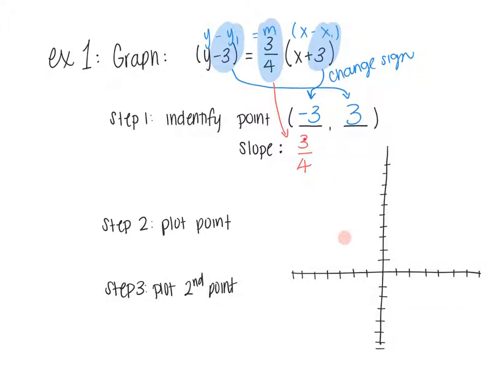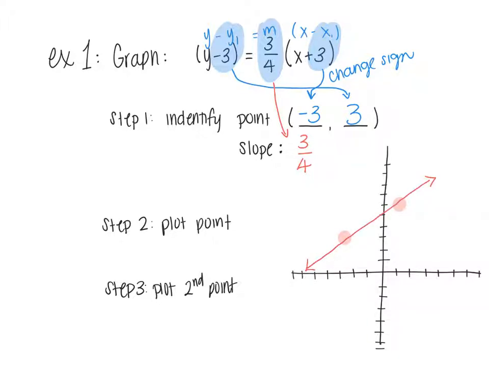So I'll go up 3, right 4. So up 3, 1, 2, 3, right 4. And then I'll put a dot. And then I will connect my line. Now in Hawks, it will automatically graph it for you. You just have to plot the 2 points.